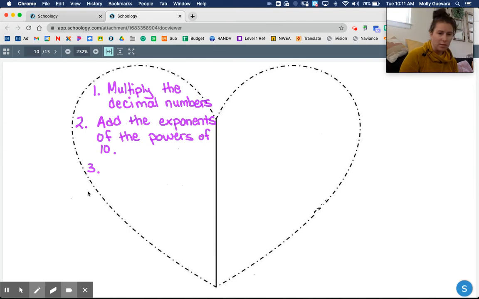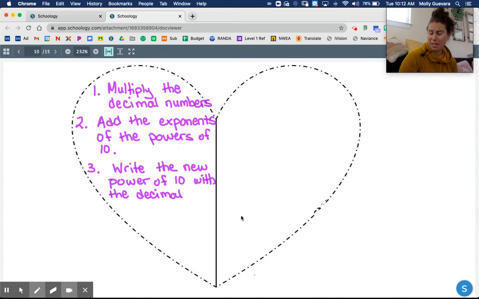Okay. So then we write the new power of 10 with the decimal that you found in part 1.